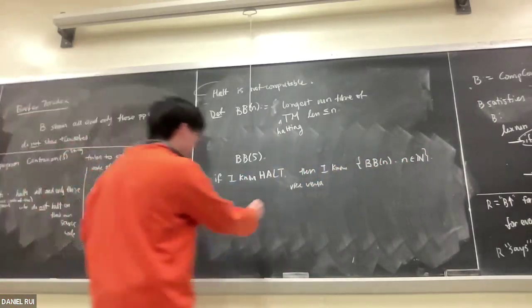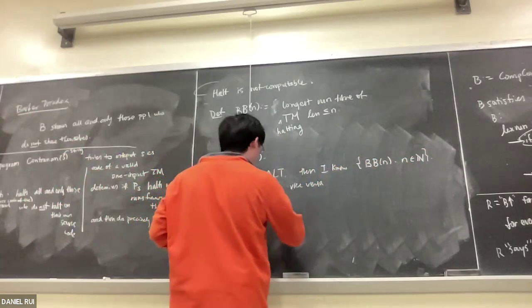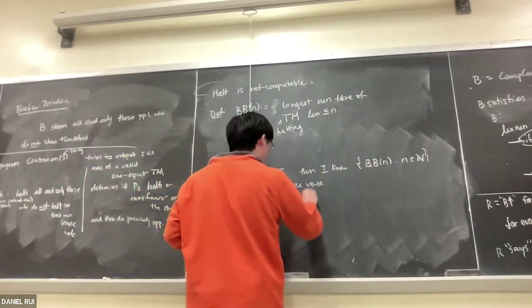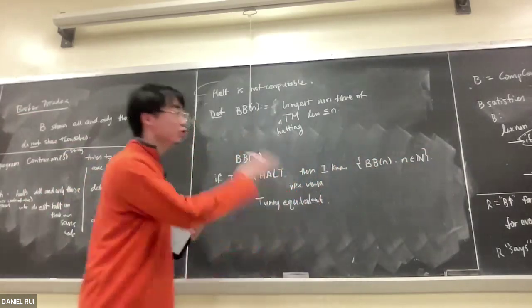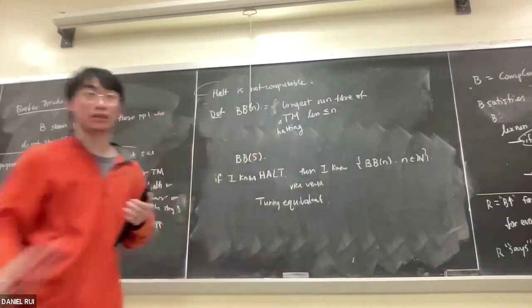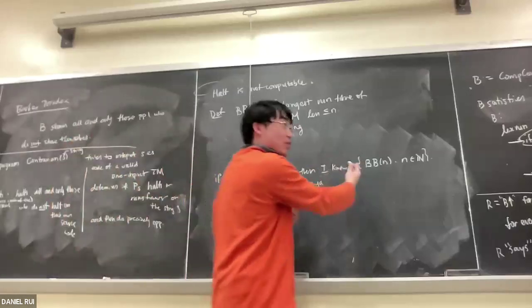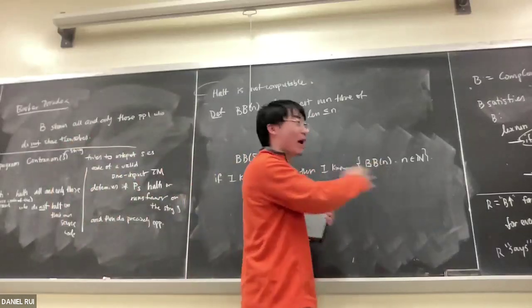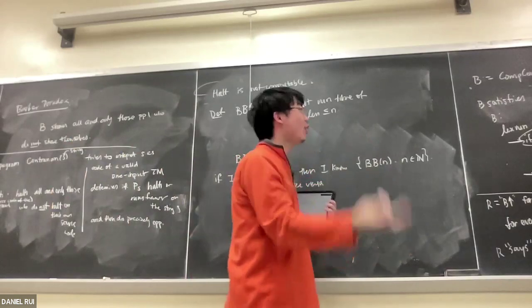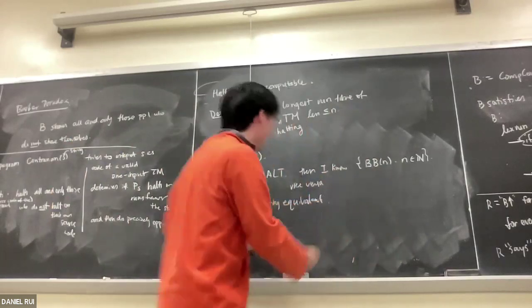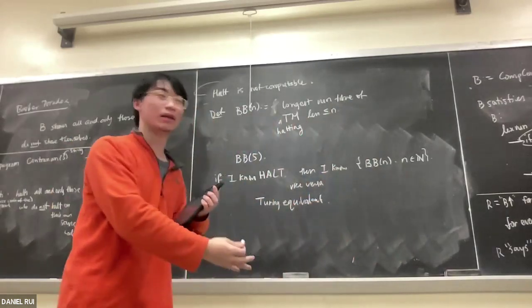We say that these are Turing equivalent, if I can use one as an oracle to figure out the other one. So these are actual numbers. They're not abstract entities, they are actual numbers, and we can never know them. In fact, we cannot even prove an upper bound for them.